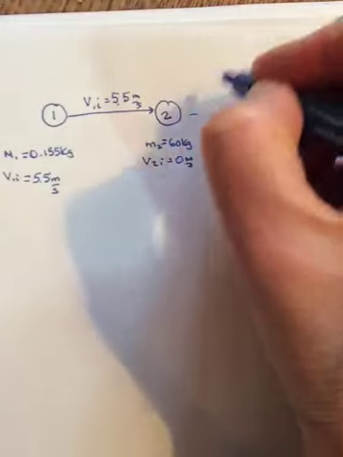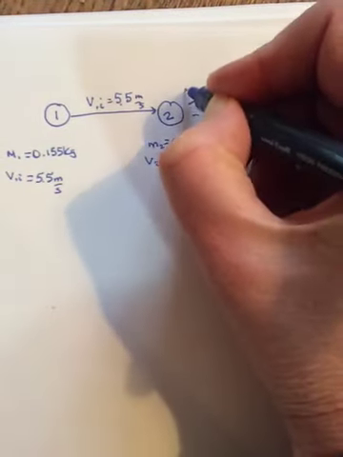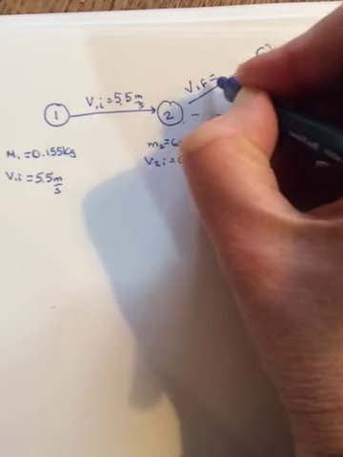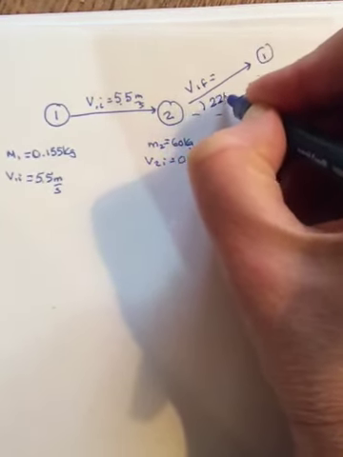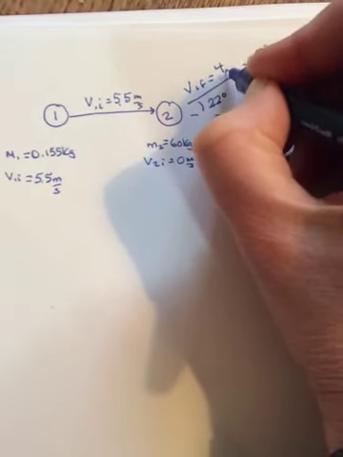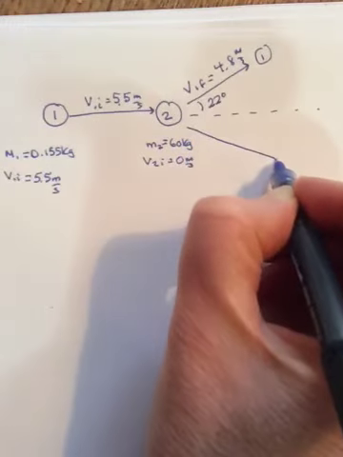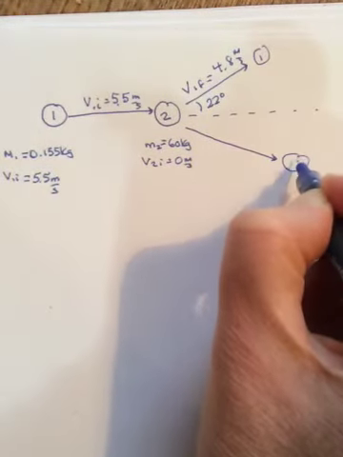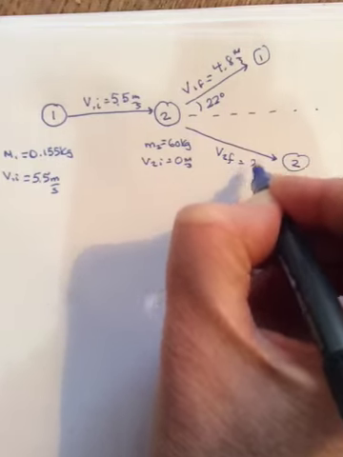So counterclockwise from the original will be up like this. This will be ball 1, so this is V1 final, 22 degrees, 4.8 meters per second, which means V2 will go this way, ball 2. So this will be V2F, and that's what we're looking for.